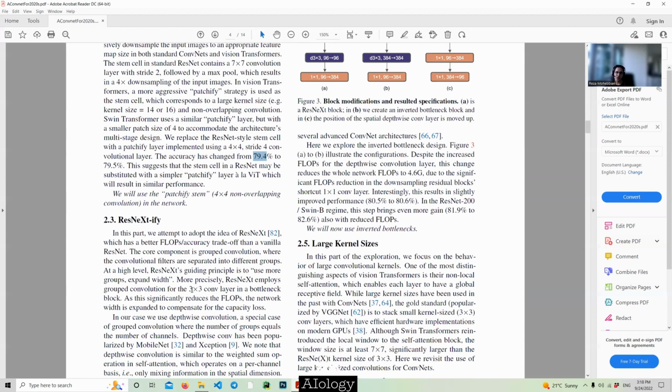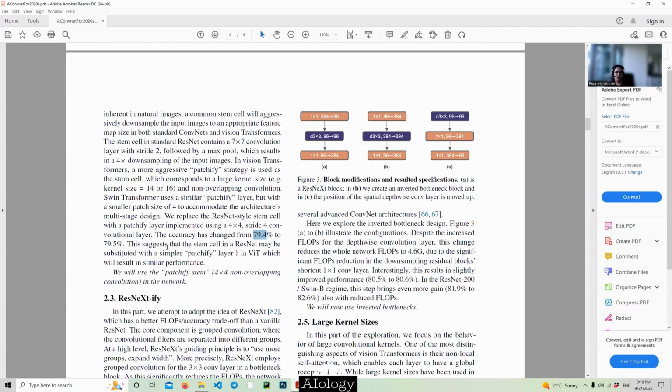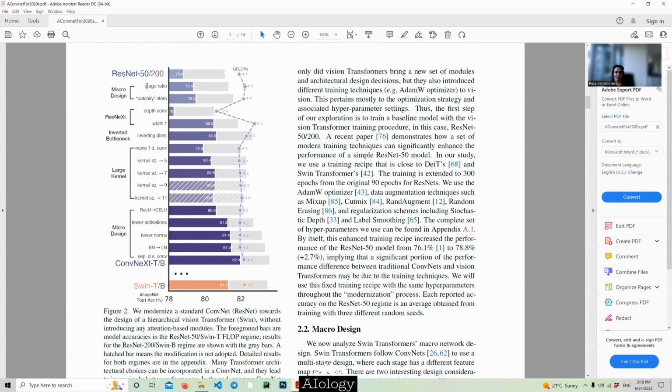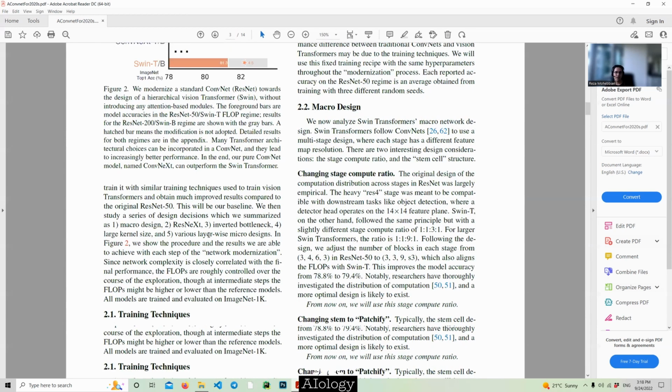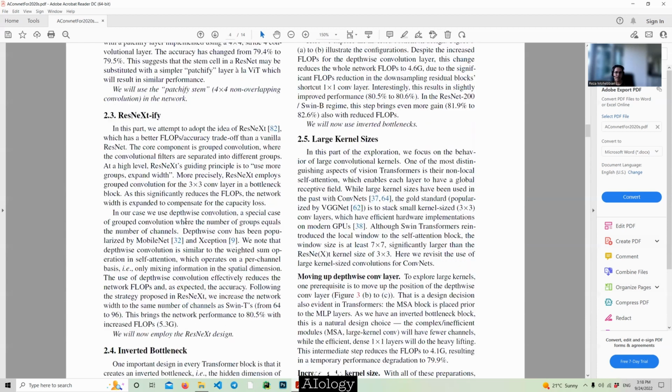The next change is ResNeXt. So we finished macro design, the stage ratio, and the patchifying stem. Now we are at depth-wise convolution and increasing the width. Another change they made is to improve the performance speed of the ResNet.